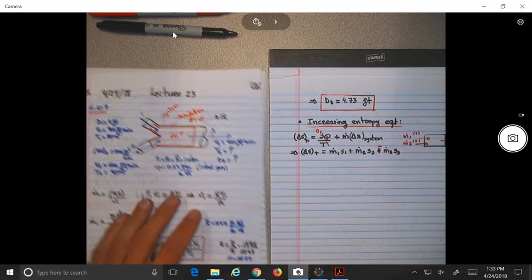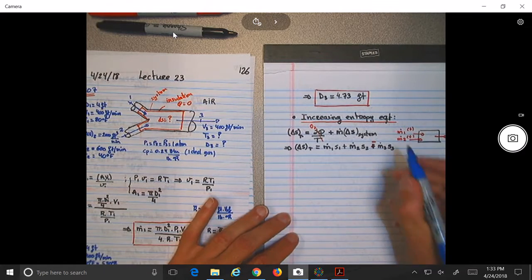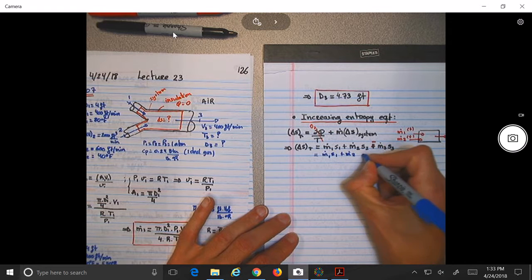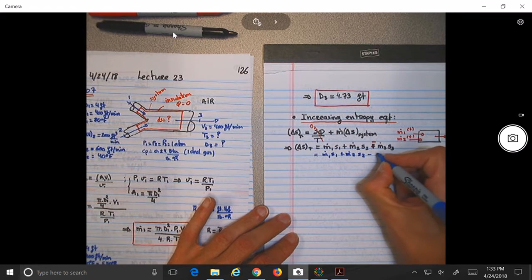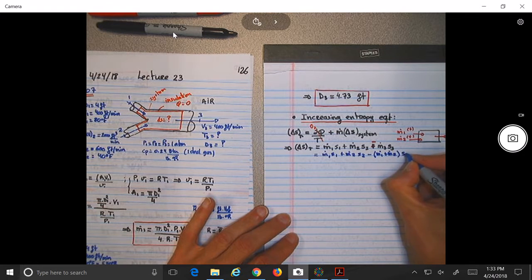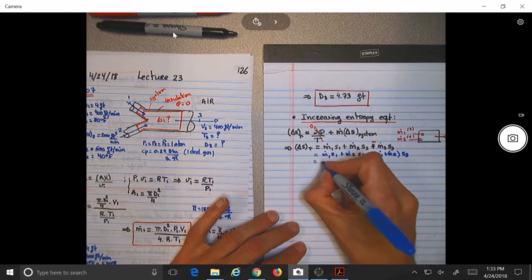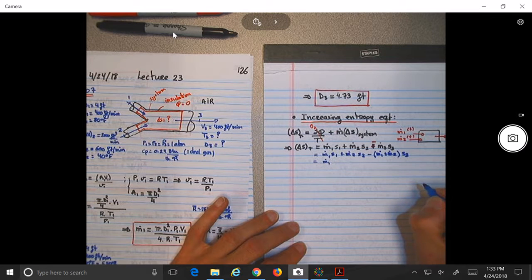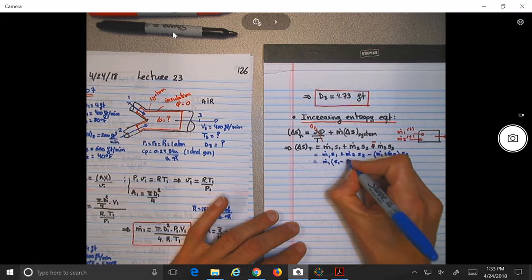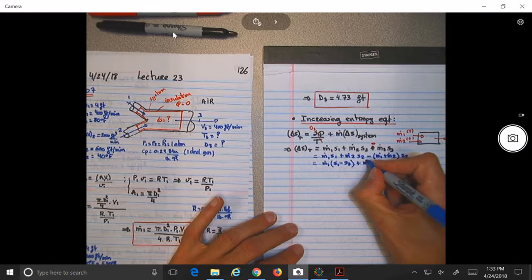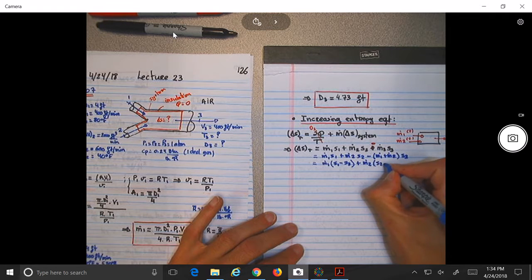Let's do one thing here. Don't write anything yet. Let me just look at something here. If I rewrite this as M1 S1 plus M2 S2, I think this might clarify things. Then what do we get? M1 times (S1 minus S3), that will now be the difference, plus M2 times (S2 minus S3).